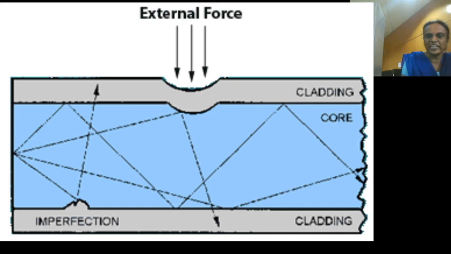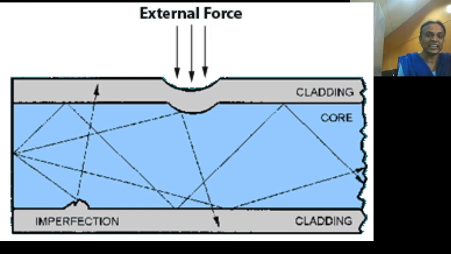So this also leads to imperfection, which will not allow TIR, total internal reflection, as it is required for any light source to travel from the transmitter to the receiver.